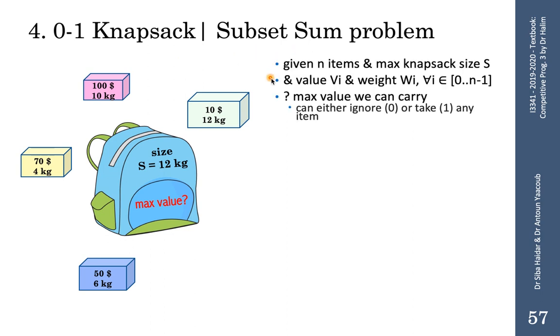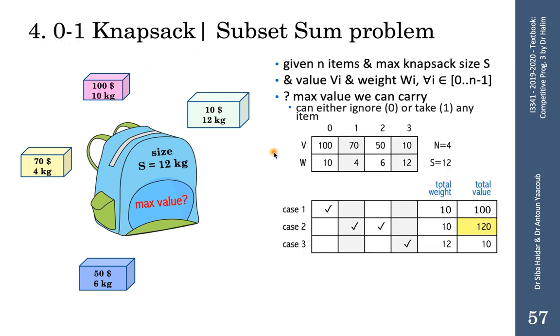So let's read here. Given n items and maximum knapsack size S, we have n values and n corresponding weights. The question is: what is the maximum value we can carry? We can either ignore (0) or take (1), and this is the name 0/1 knapsack.